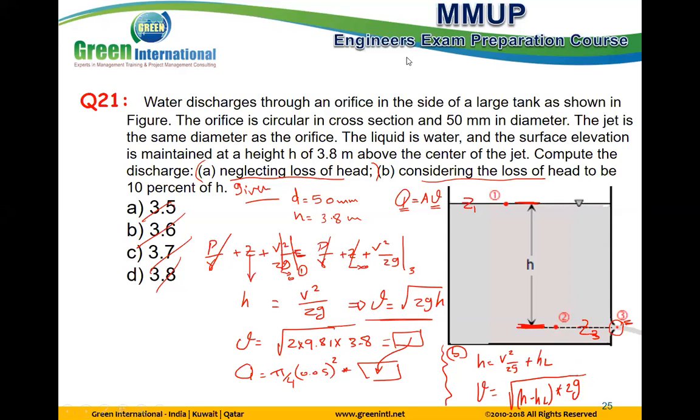First, I can open the whiteboard quickly and we can write on it. The equation: P over gamma plus Z plus V square over 2G equals P over gamma plus Z plus V square over 2G plus H losses.